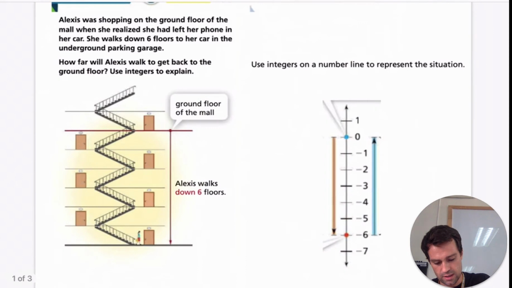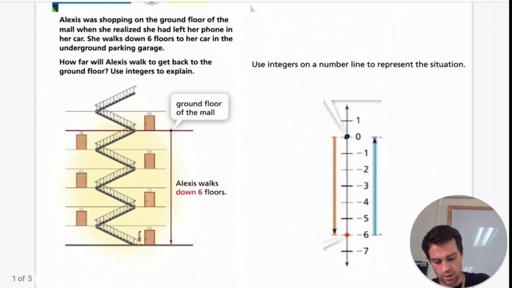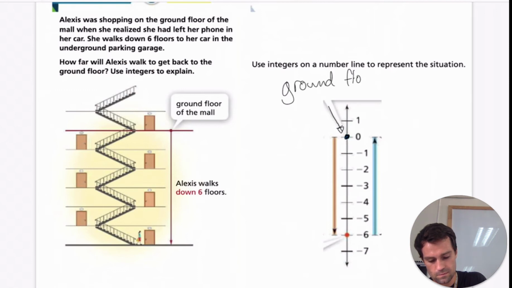My question is, what does 0 represent in this scenario? 0 in this case represents the ground floor. So she's on the ground floor, and that is what 0 represents.